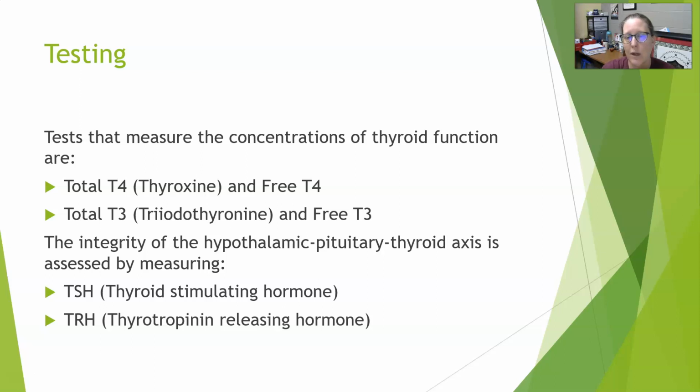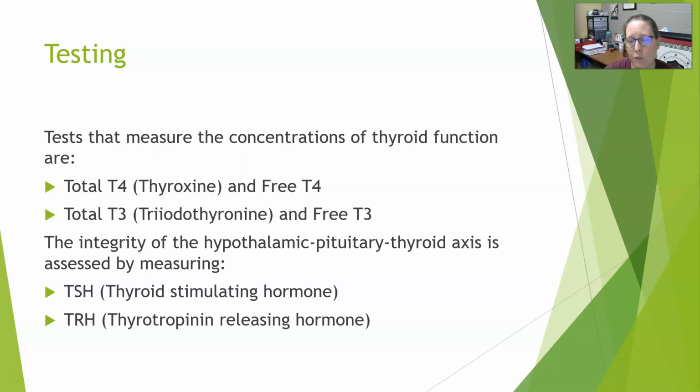T4 has to be transported on protein because it's lipid soluble, and so you can measure both the total amount and then the part of the T4 that's not bound to protein. The part of the T4 that's not bound to protein is the one that is available for biological activity. And then the total T3 is triiodothyronine, and the free T3, same thing. Some of it is bound to protein, some of it is free.